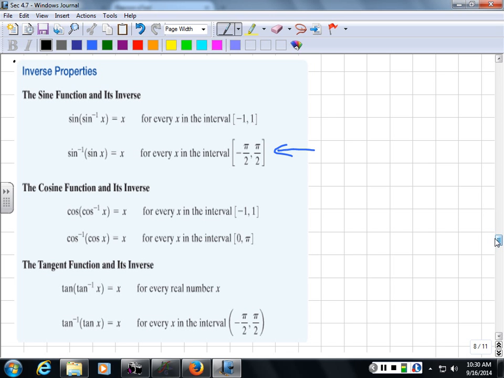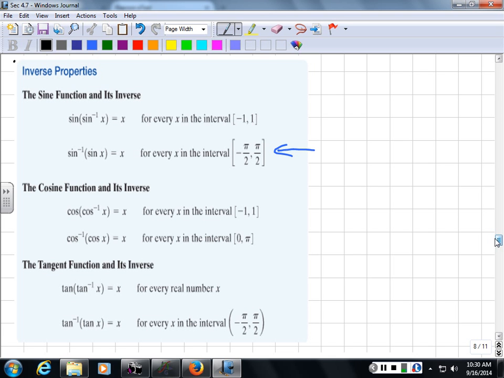Likewise for cosine. Notice that the interval here for cosine of inverse cosine is the same as sine of inverse sine, but the interval for inverse cosine of cosine is different than inverse sine of sine. Instead of being negative pi over 2 to pi over 2, it's 0 to pi. Tangent.